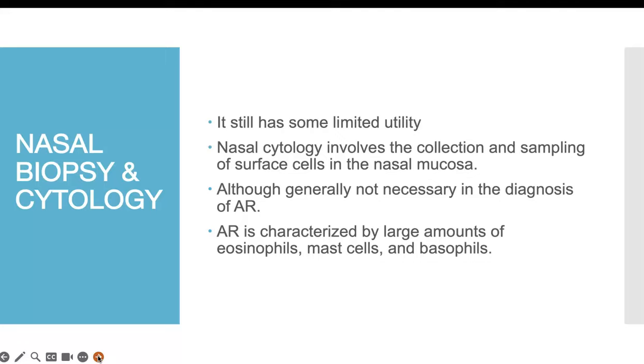Now, although generally not necessary in diagnosis of allergic rhinitis, nasal cytology findings can help to distinguish between various forms of rhinitis, including allergic rhinitis, non-allergic rhinitis with eosinophilia syndrome, and idiopathic rhinitis. So, AR is characterized by large amounts of eosinophils, mast cells, and basophils. Okay.